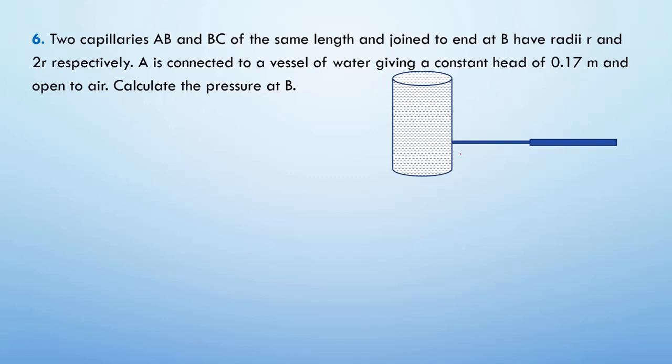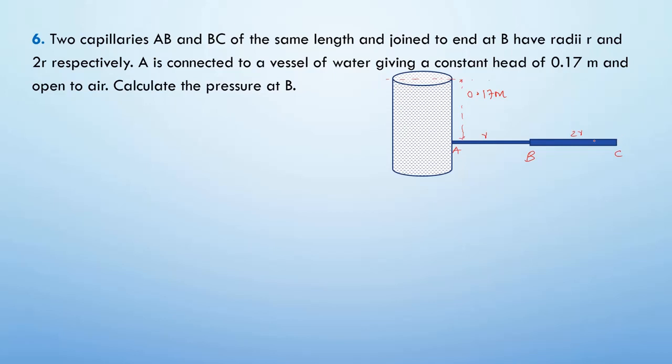They are connected end to end at B, and they have radius r and 2r, and A is connected to a vessel which maintains a constant pressure head, that is, this height is always 0.17 meter, and we need to calculate the pressure at B when C is open to the air, that is, the pressure at C is atmospheric pressure.